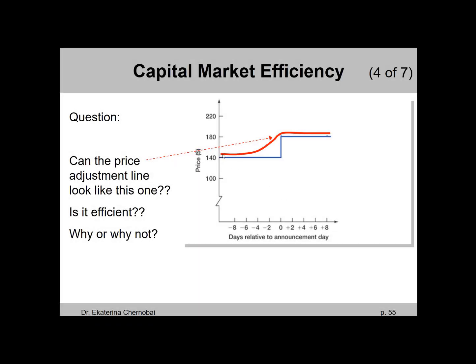So it's at 140, then it starts going up a few days before the announcement is made, and then it settles at the new level. What does it mean? Is it efficient? Is it inefficient? What does it mean that the price starts going up before the announcement to the public is made?